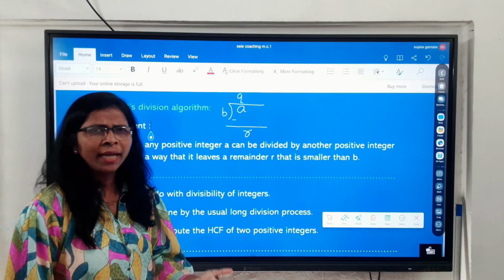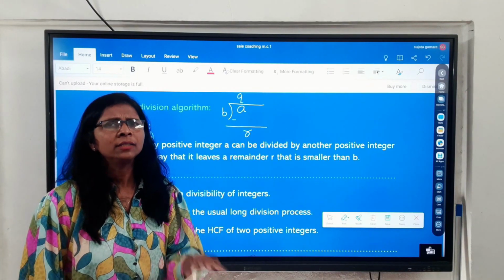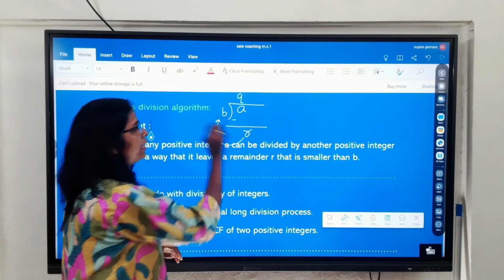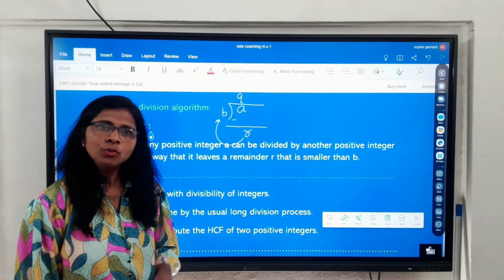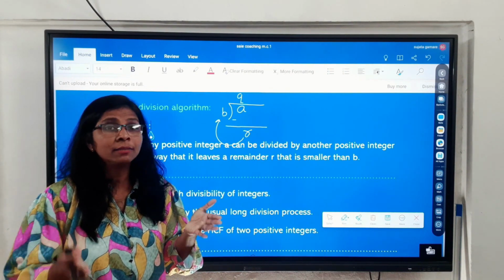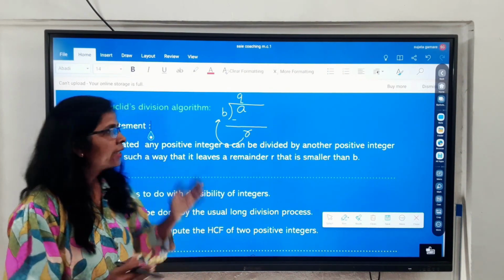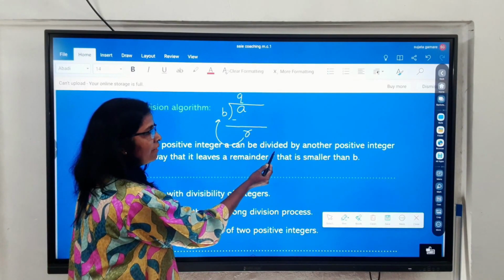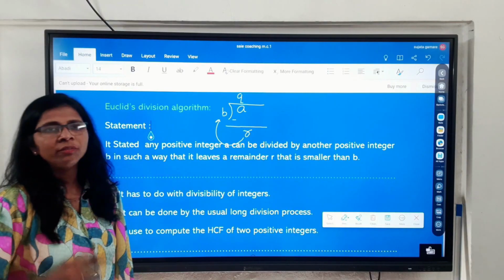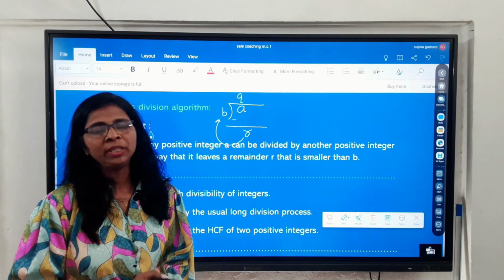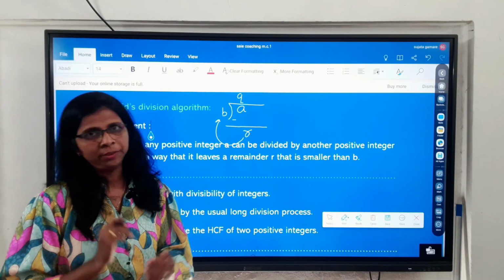Now we always know that the remainder should be less than b. So Euclid's division algorithm tells us that if any integer a is divided by another positive integer, then it leaves a remainder and that should be smaller than b.